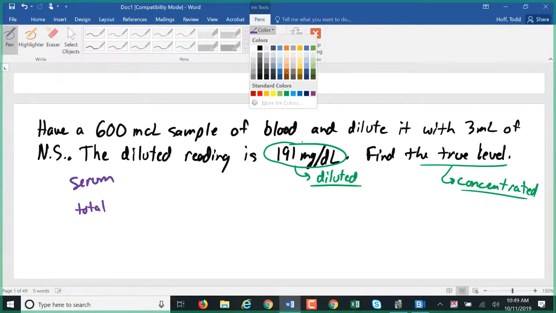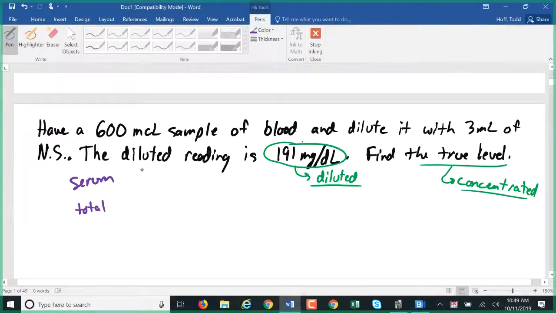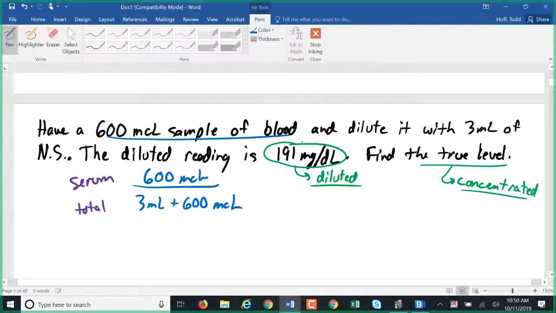How much serum do we have? 600 microliters. Total, we have 3 milliliters plus 600 microliters of the blood. We have the saline and the serum together here.